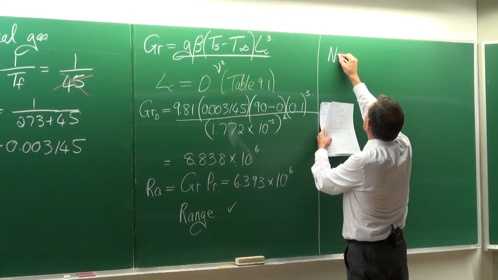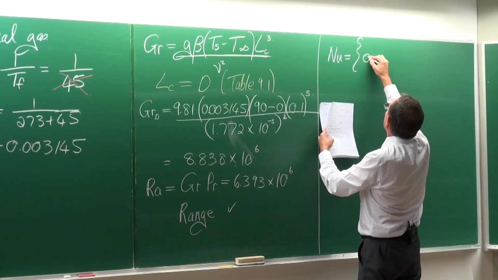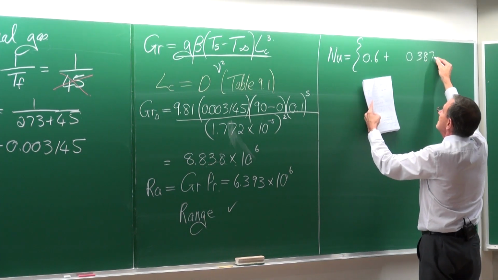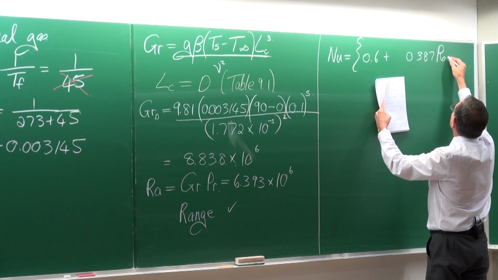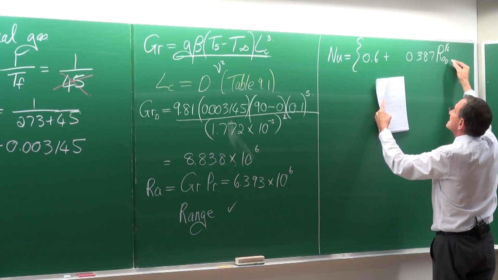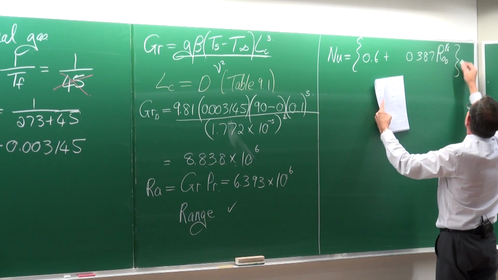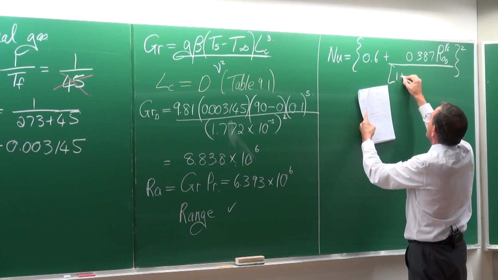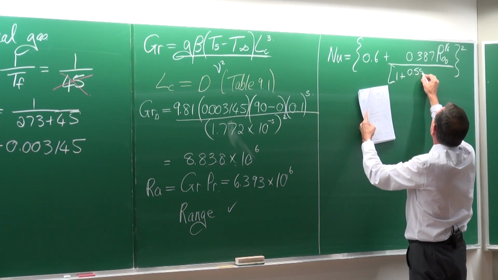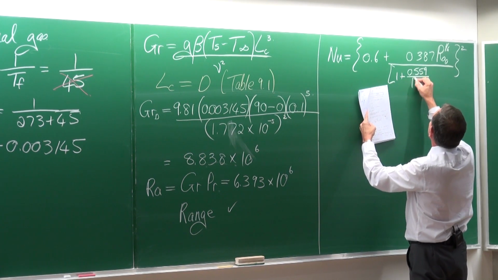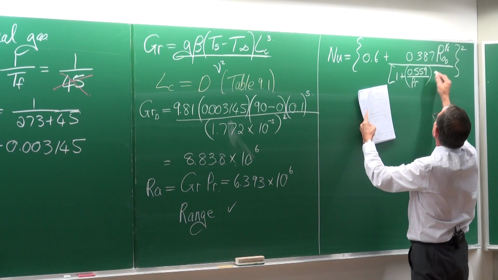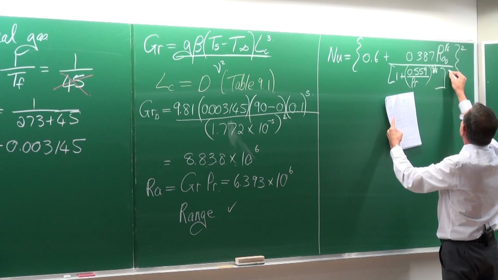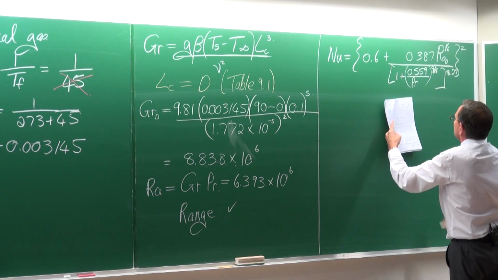The equation that they give is the Nusselt number is equal to 0.6 plus 0.387 multiplied by the Rayleigh number based on the diameter to the 1/6, everything squared, divided by 1 plus 0.559 divided by the Prandtl number, everything to the 9/16, and then everything underneath to the power of 8/27.